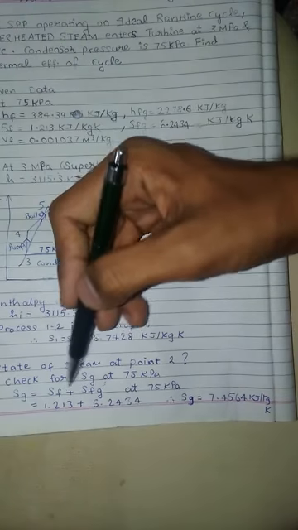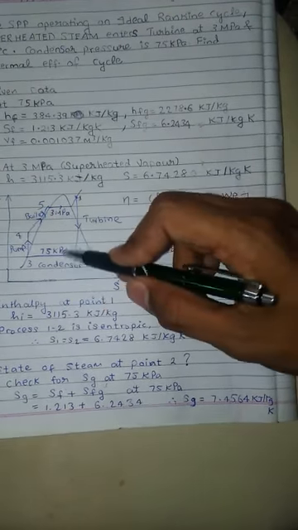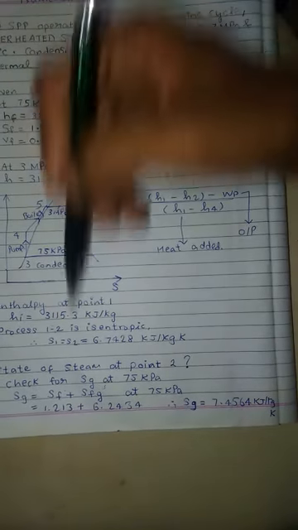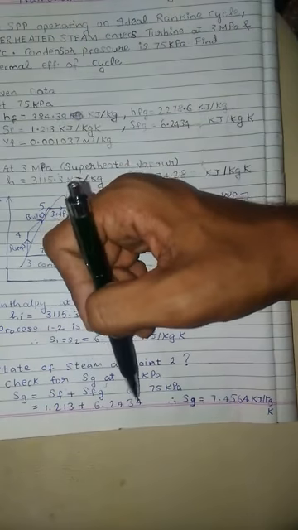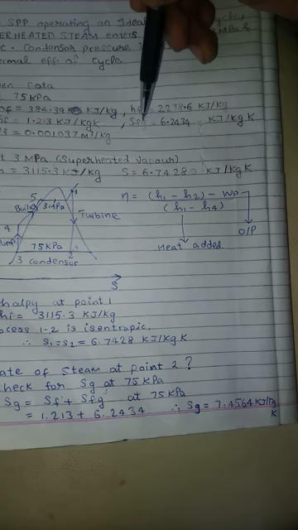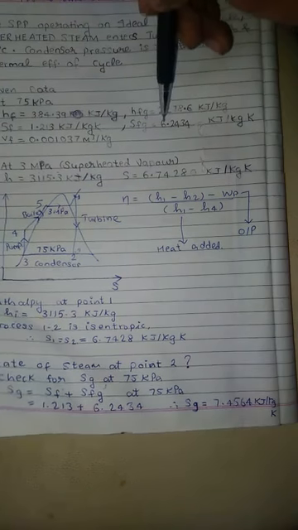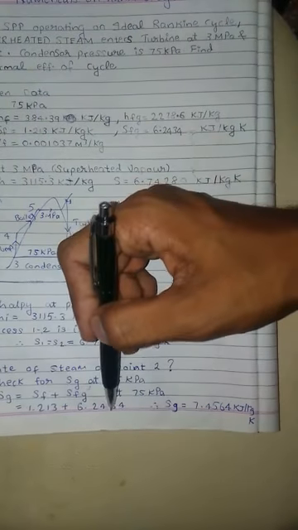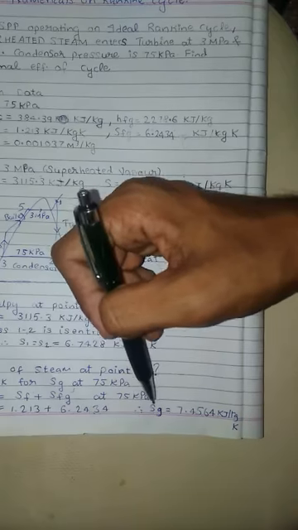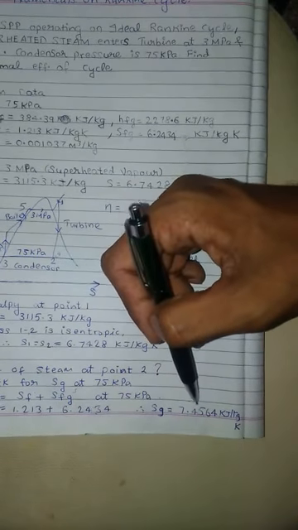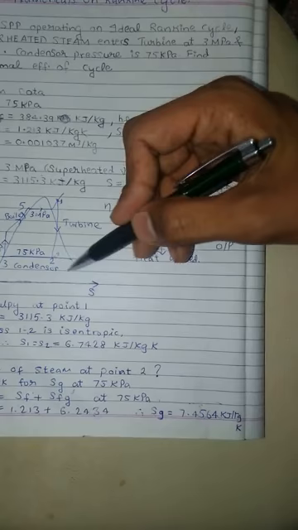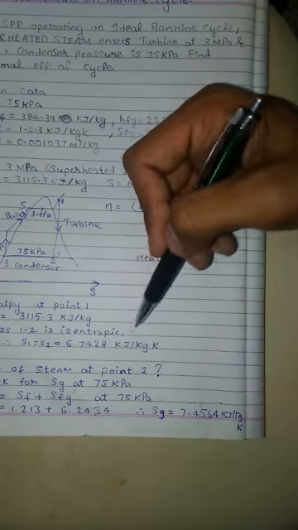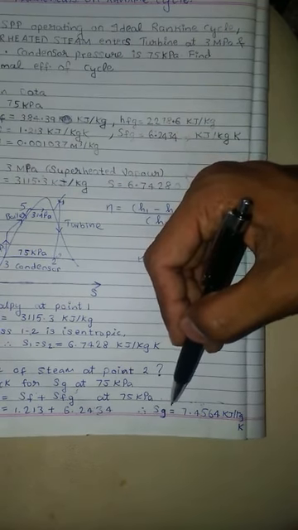At 75 kilopascal, Sf is 1.213 and Sfg is 6.2434, and adding these two terms, you get Sg equal to 7.4564. Now at point 2, the actual entropy is 6.74, but for saturated steam it would be 7.4564.